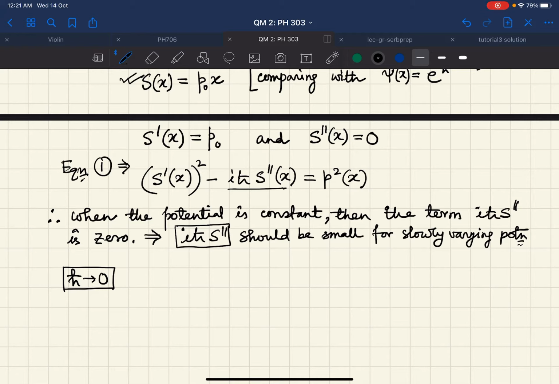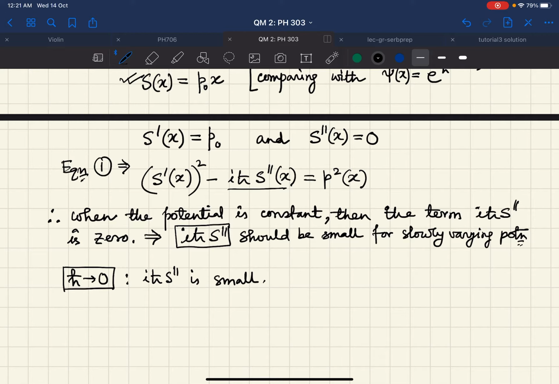This is an alternative way of saying that the term iħS'' is small. As ħ goes to 0, which makes in turn the local de Broglie wavelength go to 0, in that case the potential looks constant to the quantum particle.